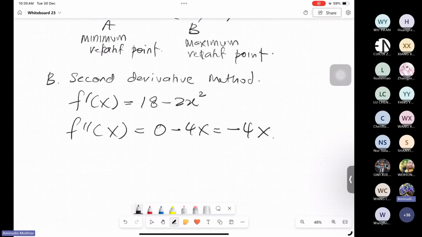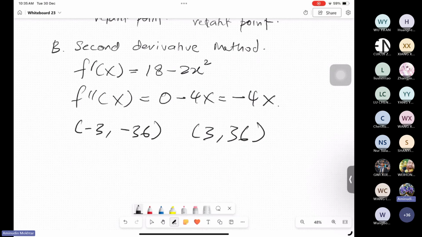So we have two critical points, negative 3 and negative 36, and then positive 3 and positive 36. We are going to determine which point, point A or point B, is a minimum or maximum by using the second derivative method.